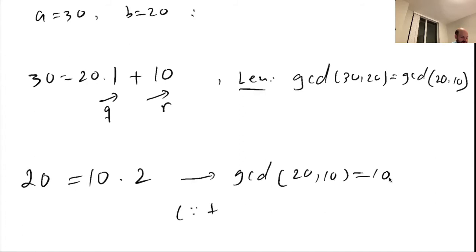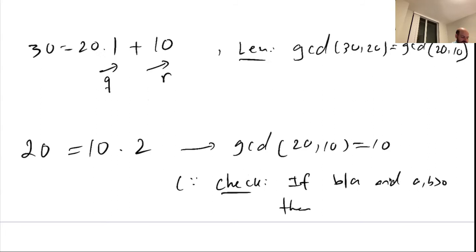This is because, let's say, if B divides A, and A and B are positive, of course, then the GCD of A and B is B. If one number is a factor of the other one, the GCD is the number B in this notation.